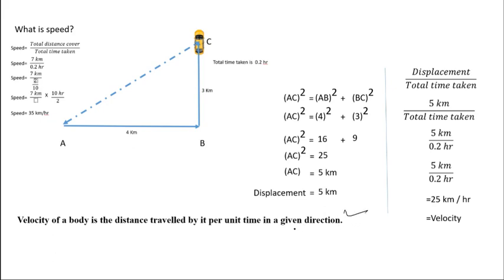I am stressing it, given direction. Look at this. And why is this direction mentioned? Because velocity is always associated with direction. Because velocity is displacement by time, and displacement has some particular direction.